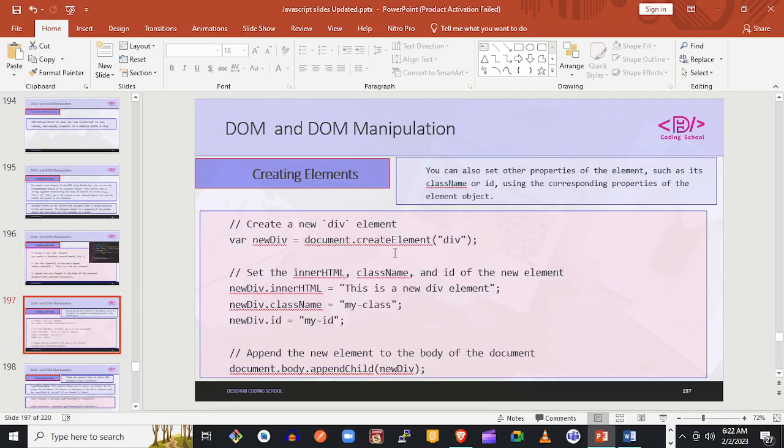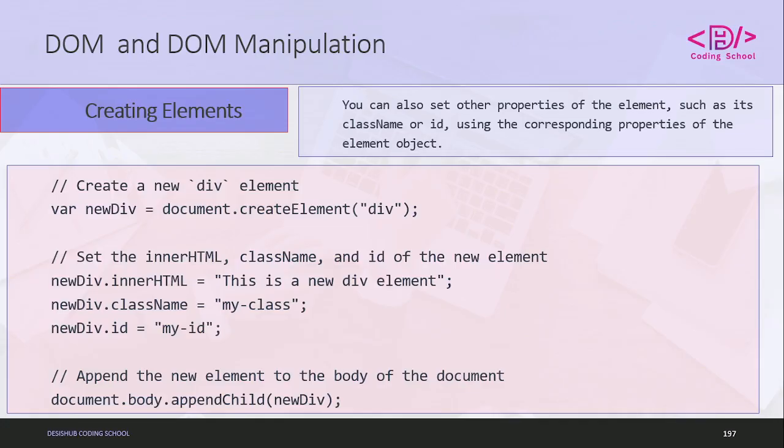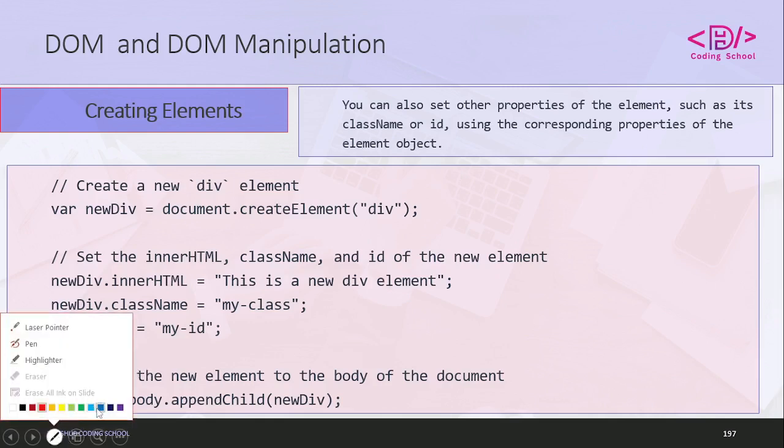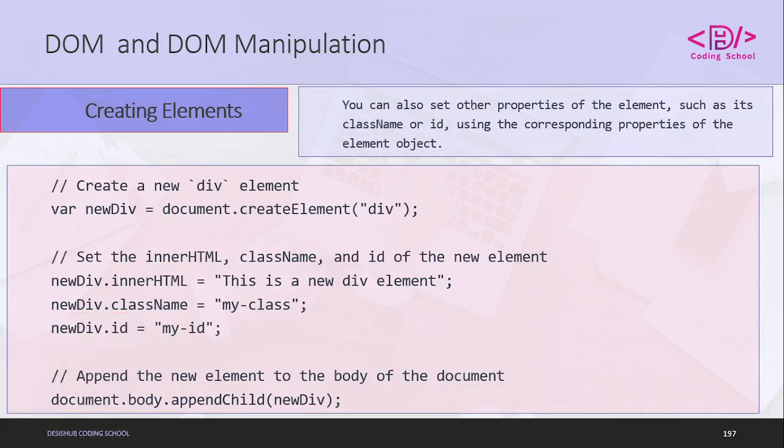So here now, if you look at this note, let me zoom in and grab a pen here. You can also set other properties of the element, such as its class name, ID, using the corresponding properties of the element object. So we have seen this step.